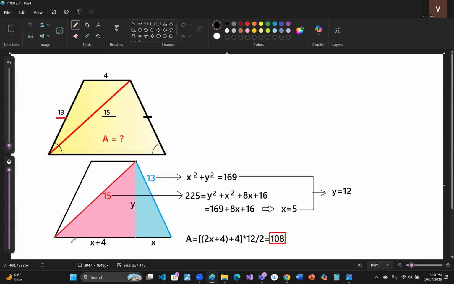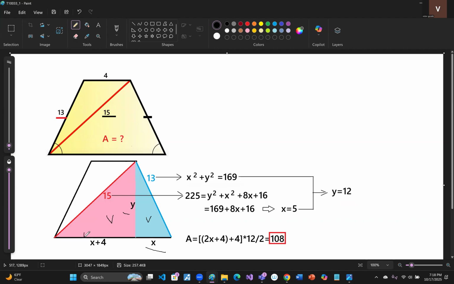Solution. Consider two triangles, the blue one and the pink one. Denote the legs of the blue triangle as x and y.